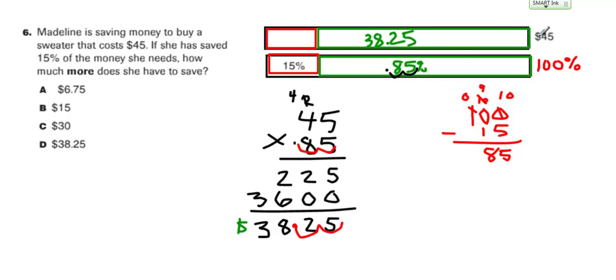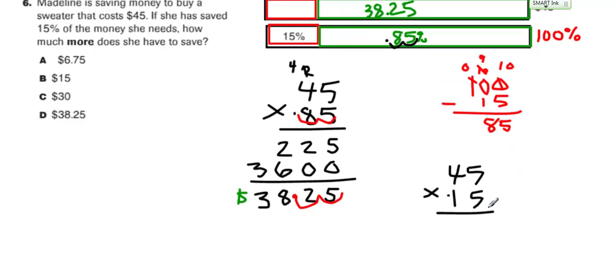And that should be the amount that she needs, and that's also a choice. Now, another way you could have done this is if you multiplied 45 times the decimal equivalent of this, 0.15. Let's see what that would have given us. You would have gotten the 25. 20 plus 2 more is 22. Put a 0 to hold our place.